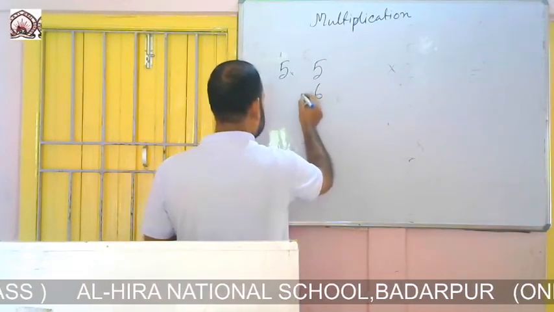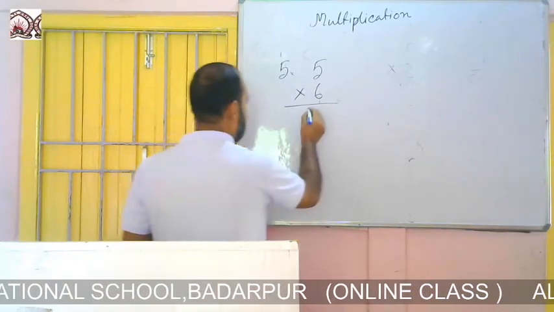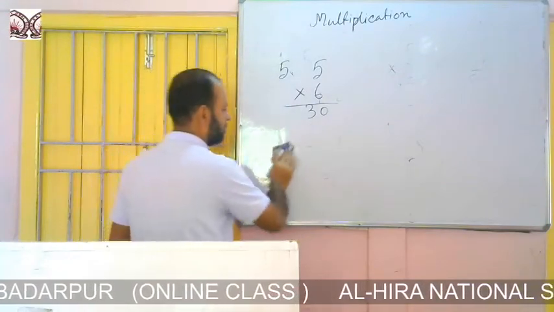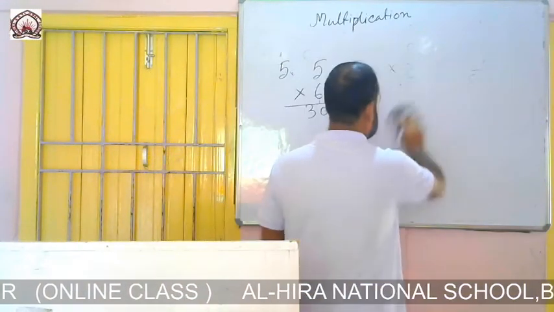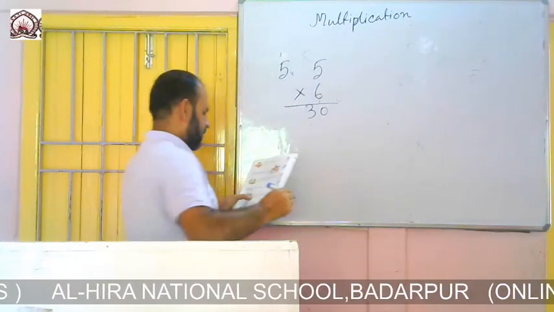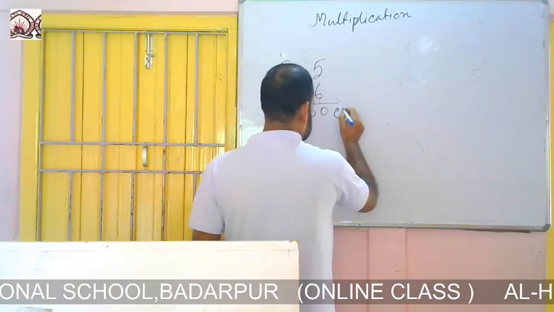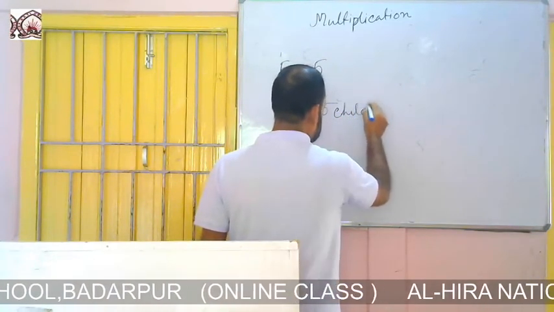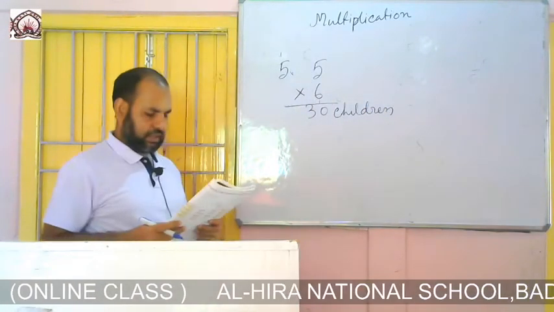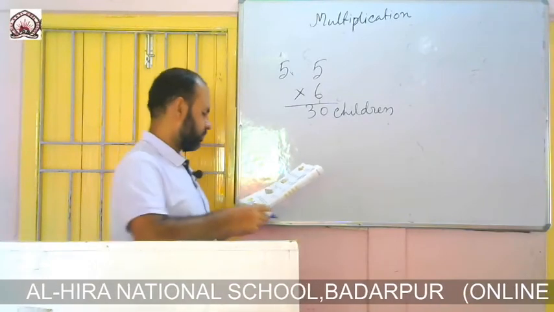So 5 into 6. 5 6s are 30. 30 children are there in the class.